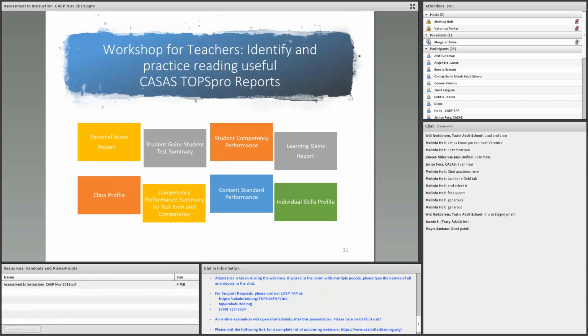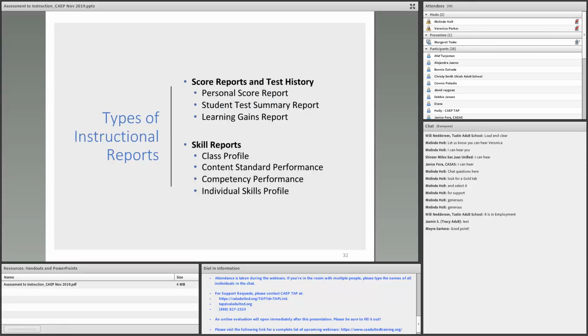The first workshop helped them to identify and practice reading useful CASAS TOPSpro reports. They learned all the different types of reports and what might be useful for them. And that's what we're going to do.